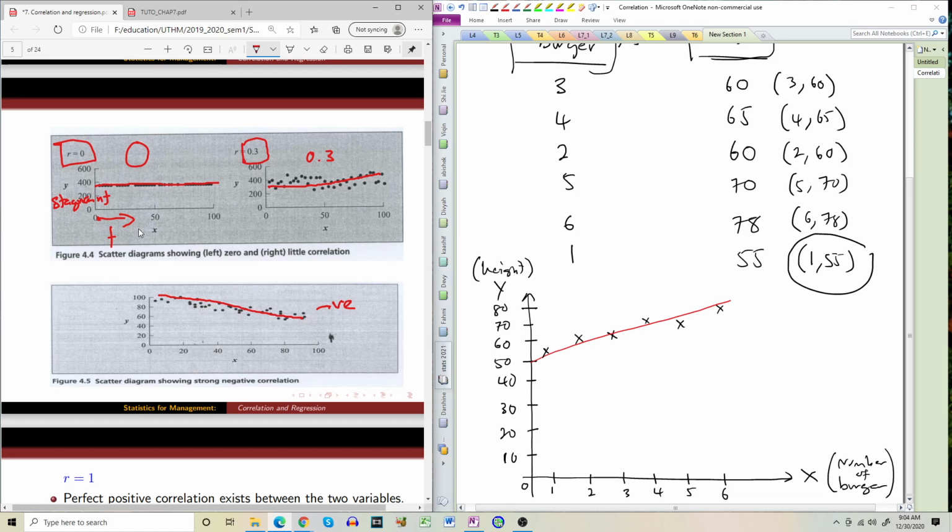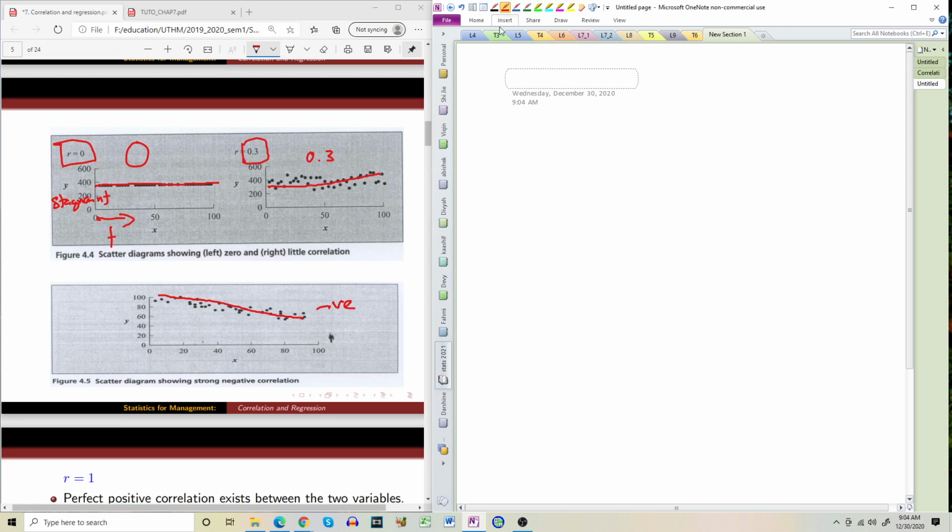Okay, so for a strong relationship, if a line goes like this, the plot is exactly on the line, R is positive, or R also can be negative, and the plot is on the line.